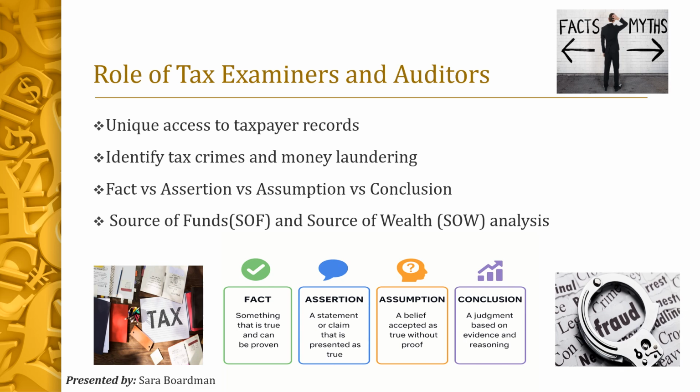Using critical thinking as a core tool, examiners will be able to evaluate all assertions objectively, treat assumptions as hypotheses and then test them, and draw conclusions informed by knowledge of money laundering and tax evasion techniques. If you confuse an assertion or assumption for a fact, you risk drawing the wrong conclusion.